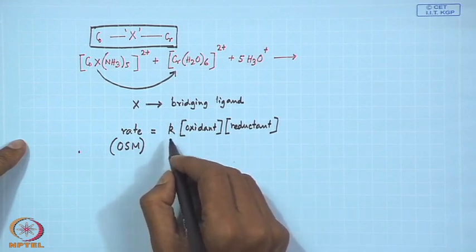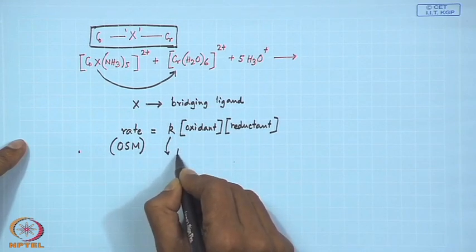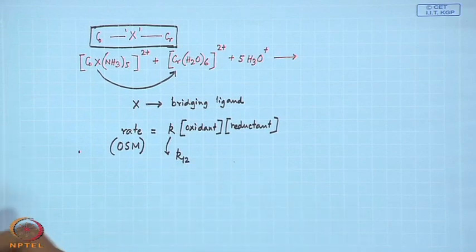This rate constant for the reaction can be considered as K12 for species 1 and species 2.